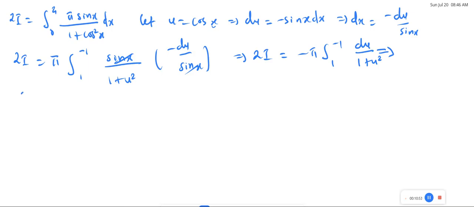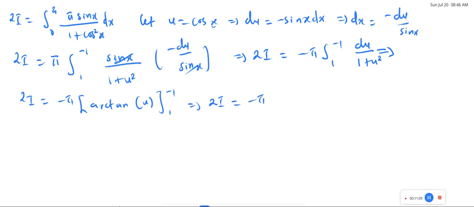So then 2I equals -pi, in brackets arctan of u, from 1 to -1. Substituting those limits, we have arctan of -1 minus arctan of 1.